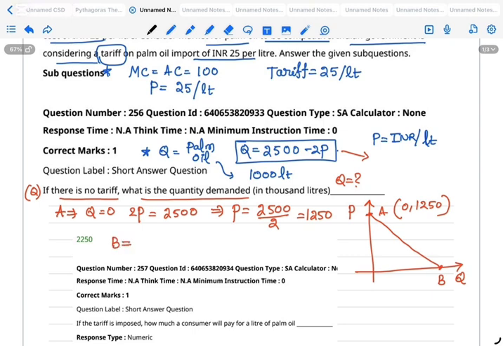At B, price equals 0 and quantity equals 2500.